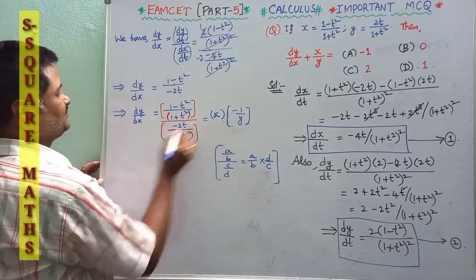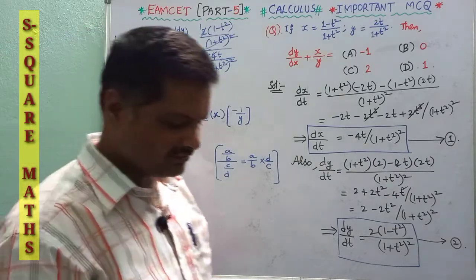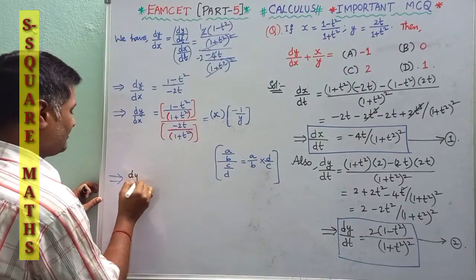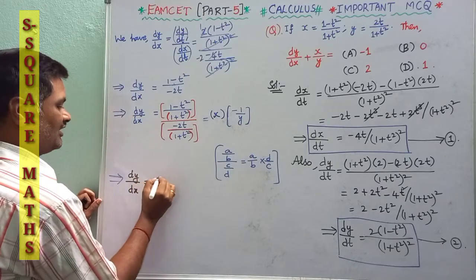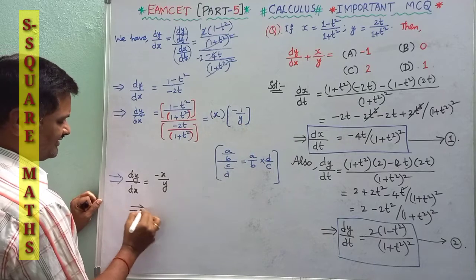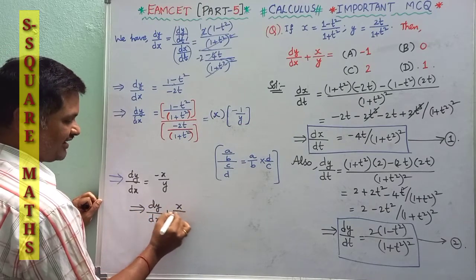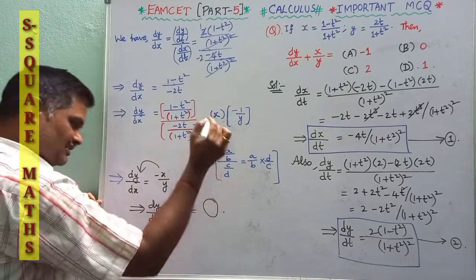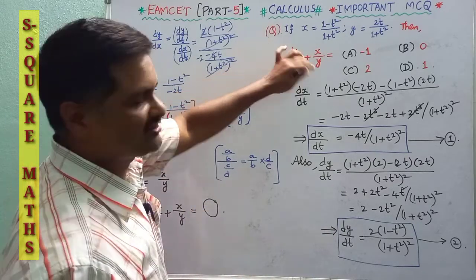So what is the LHS part left over here now? Nothing but dy by dx. Transposing minus x by y to this side, dy by dx plus x by y is equal to 0, because our intention is to get dy by dx plus x by y.